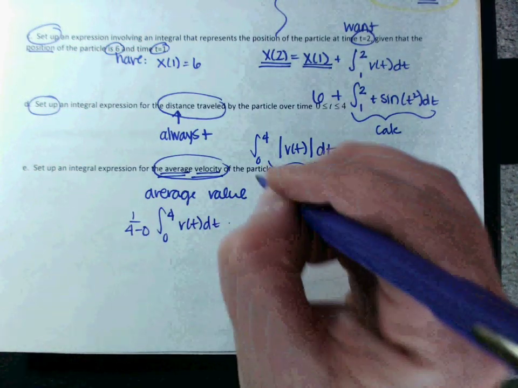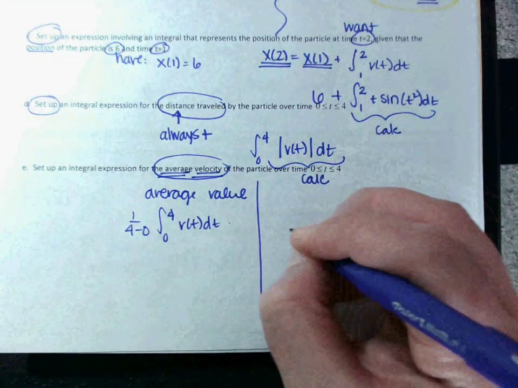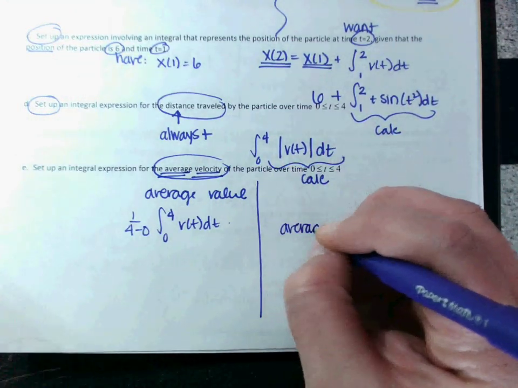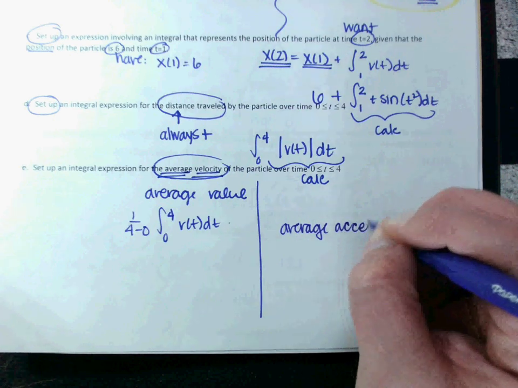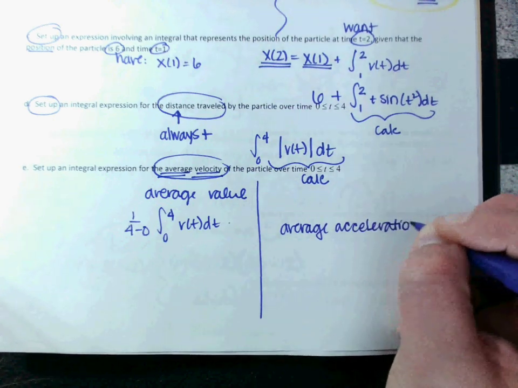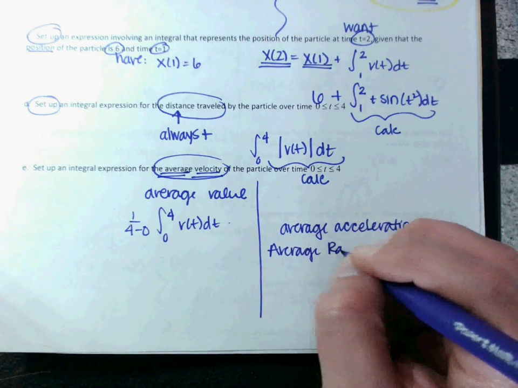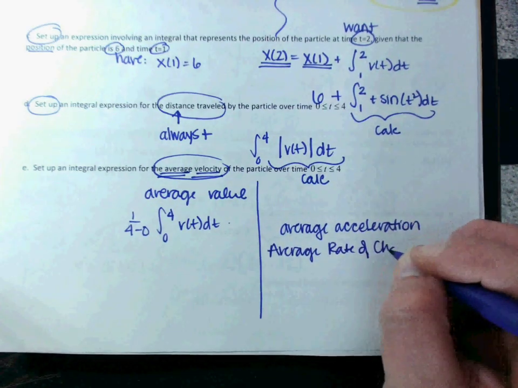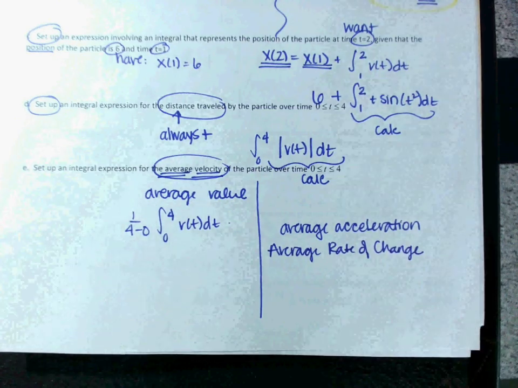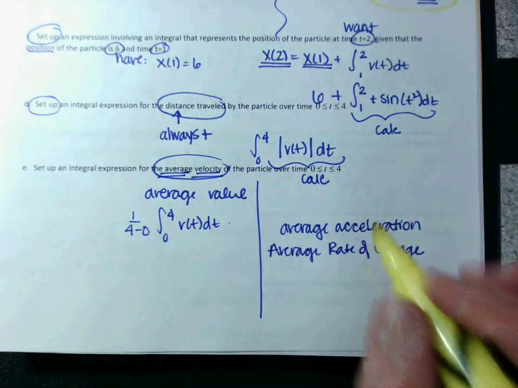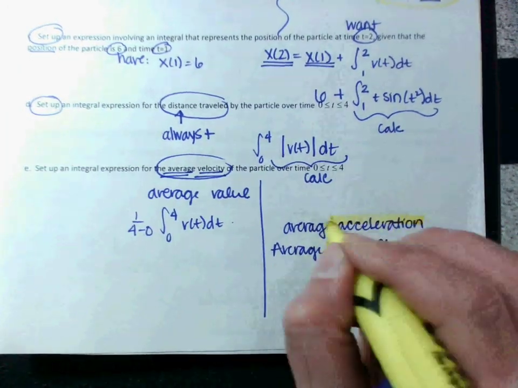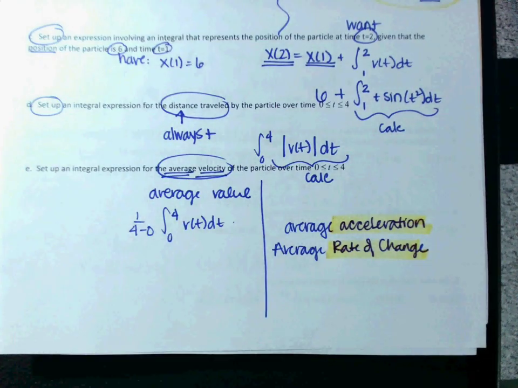Now, let me write down what I just said a minute ago. If they had asked you for average acceleration, that would have been the average rate of change. Because remember that a rate of change is a derivative. A rate of change is a slope. So acceleration is the slope of velocity.